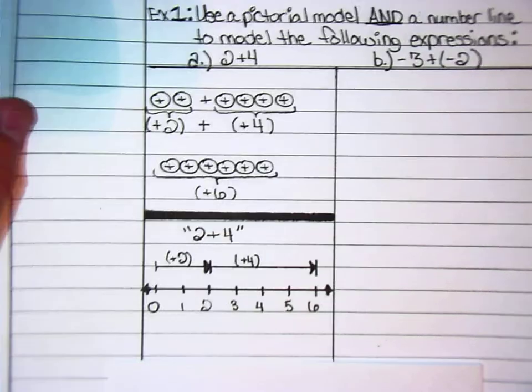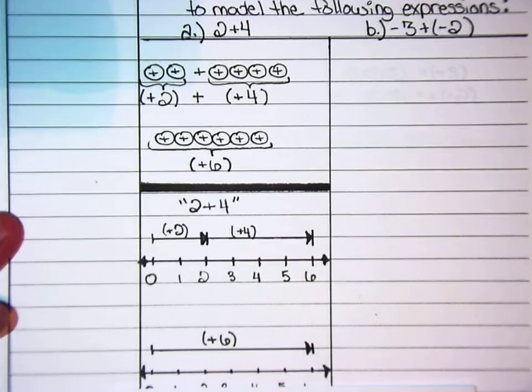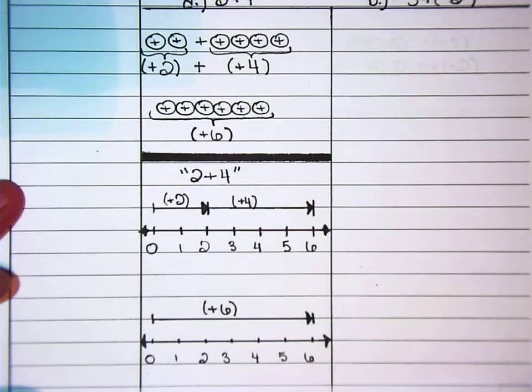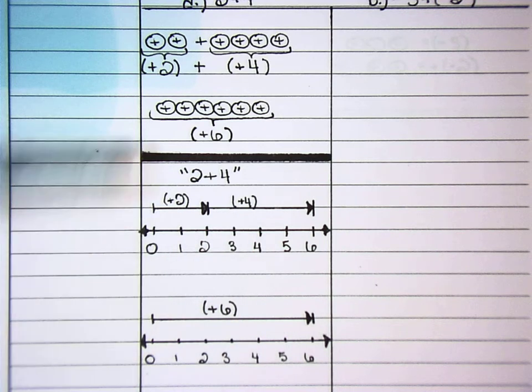Now we can see our answer. When we join the first line segment positive 2 and another line segment positive 4, we really end up with just one really long line that's positive 6 units long. So 2 positives plus 4 positives gives us 6 positives, just like we had above, and our answers should correlate if we did our math correctly.